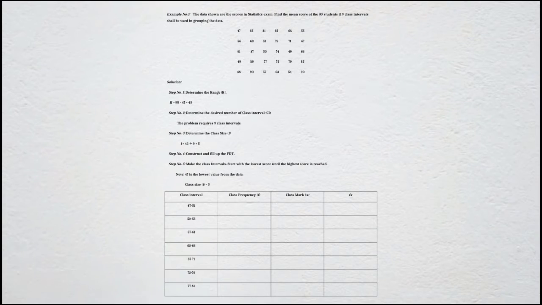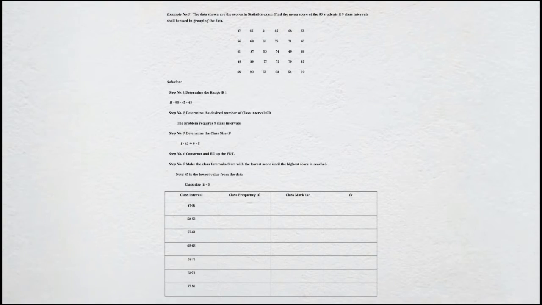To get the class size, just divide the range by the class intervals. So 43 divided by 9 is equal to 4.78, which gives us 5. So our class size is 5. And then now step number 4, construct and fill up the frequency distribution table.